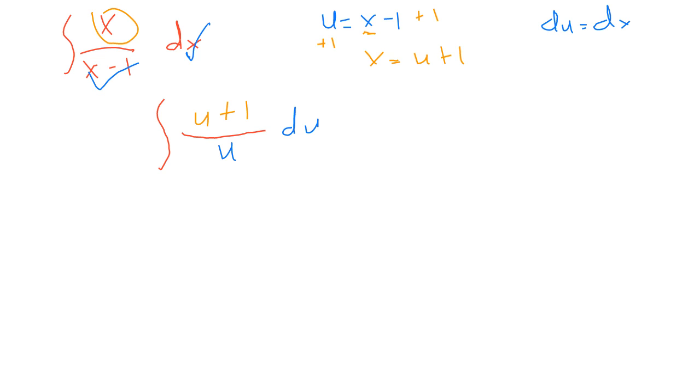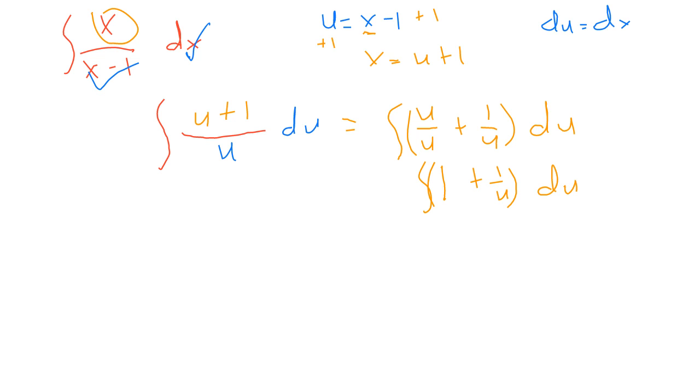Since this still isn't a great form to integrate, we can split this into 2 separate fractions, since we have a plus sign in the numerator. So we can let this equal u over u plus 1 over u du. That u over u is going to cancel out to just 1, plus 1 over u du.